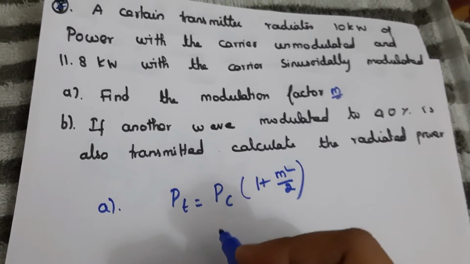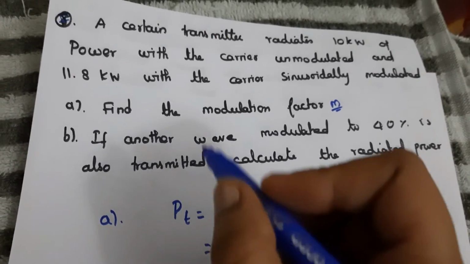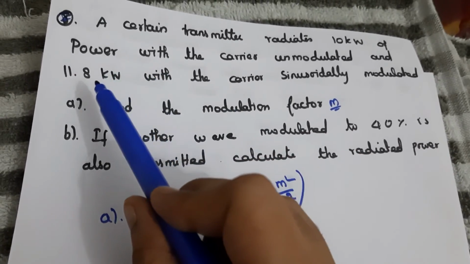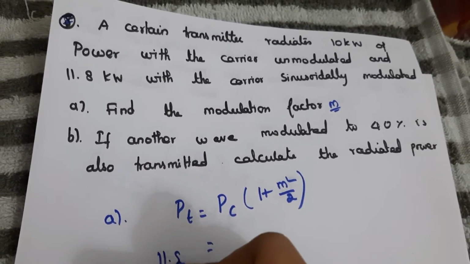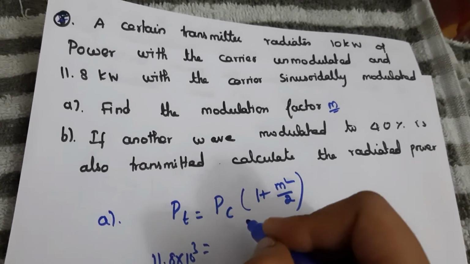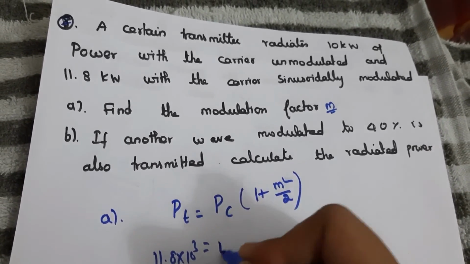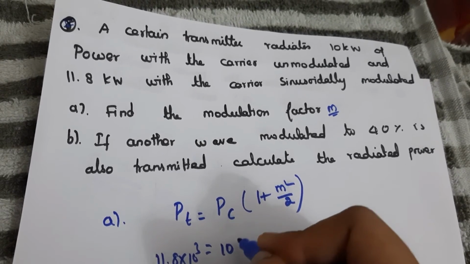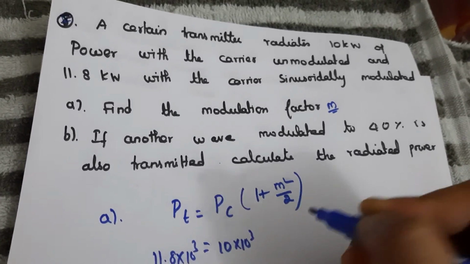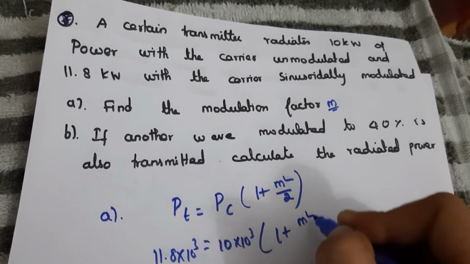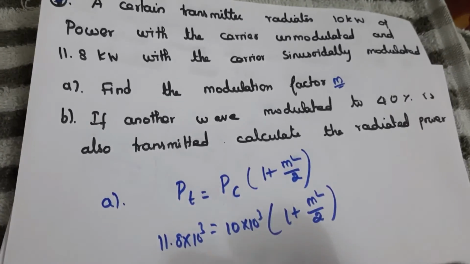This is the formula, and we know that after modulation the power transmission PT is 11.8 kilowatt, and PC is 10 kilowatt, that is the transmitted carrier power content. So 10 into 10 to the power 3, and 1 plus m square by 2. We have to find the m value.